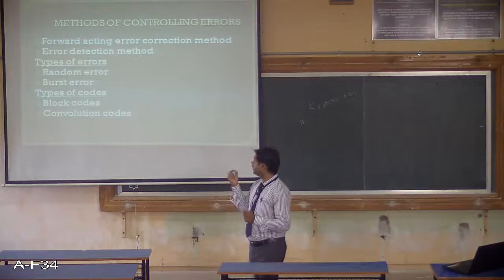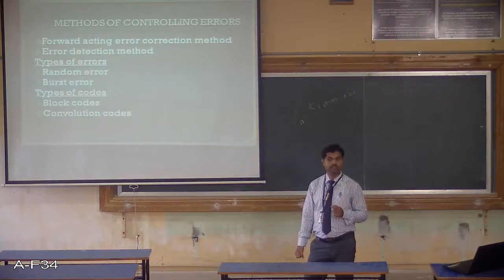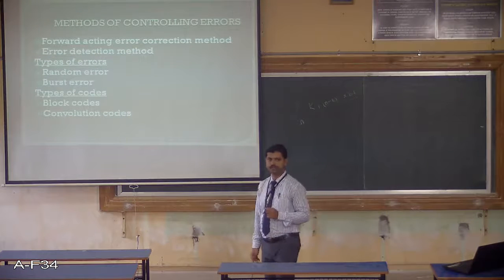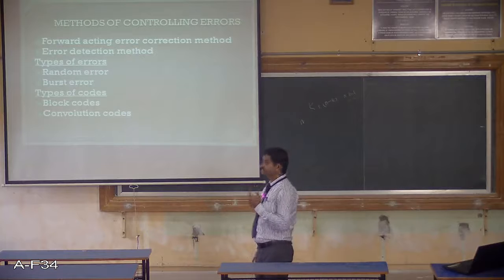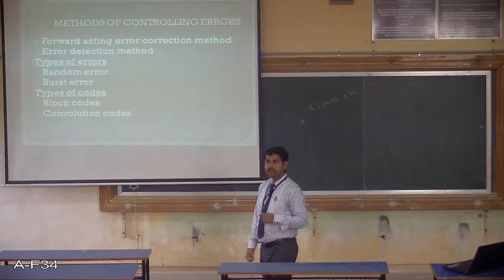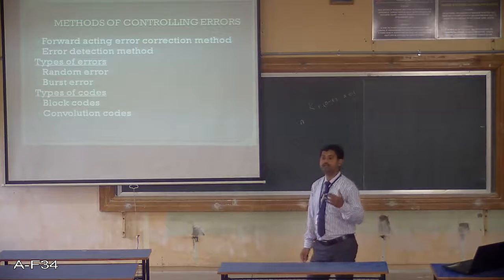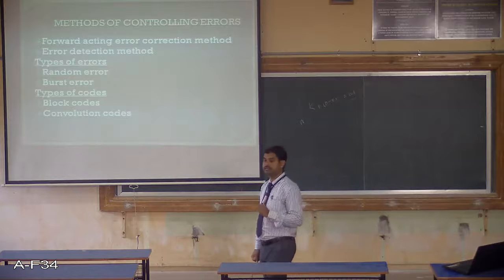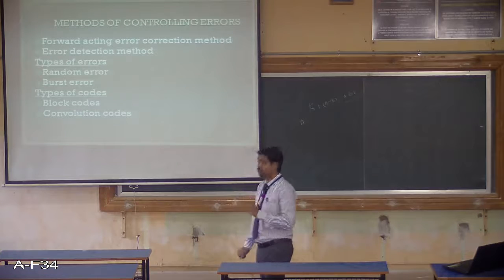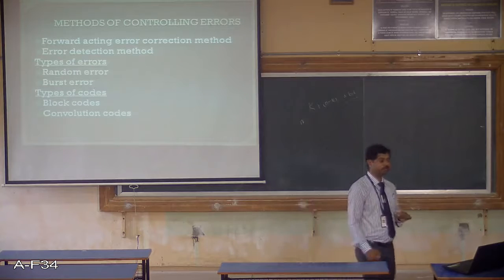That kind of error we call a burst error. It is difficult to fix. We will try to recover from or fix the problems corresponding to those two errors, random error and burst error.